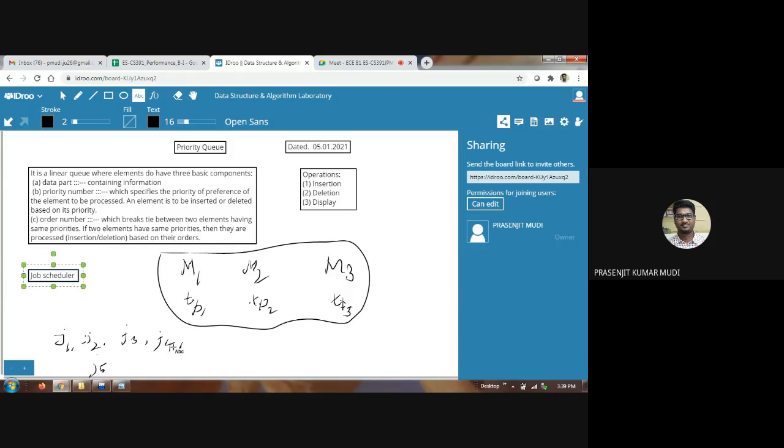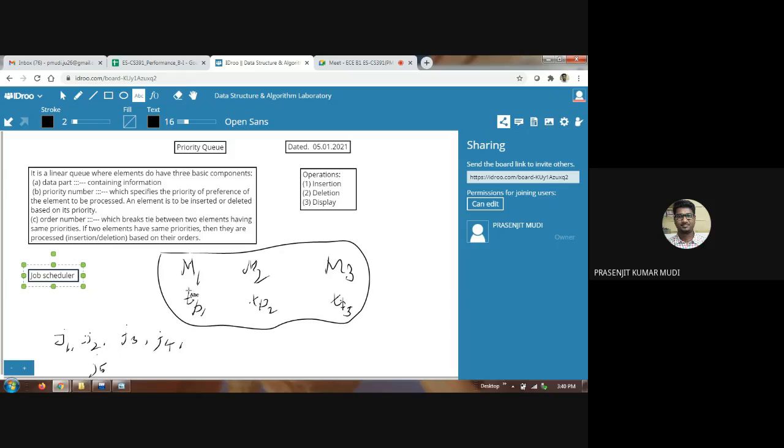So these jobs are now assigned to this computer. As there are three processors, the question is which set of jobs the job scheduler will assign to machine 1, processor M1, which set of other jobs will be assigned to the M2 processor, and which set of jobs will be assigned to the M3 processor.